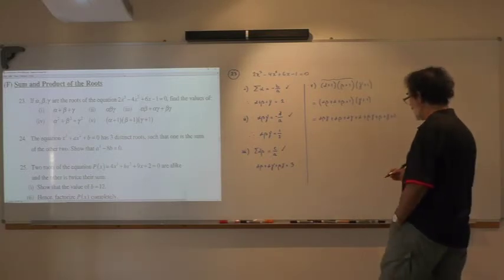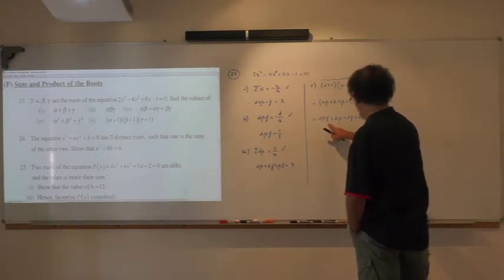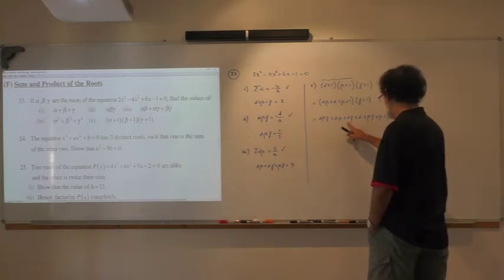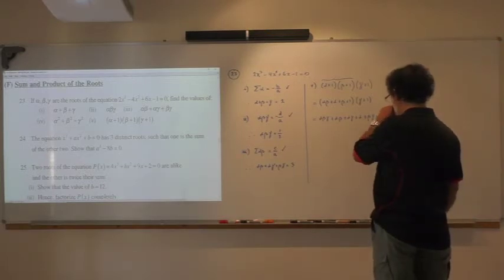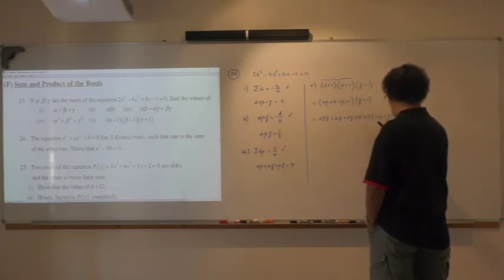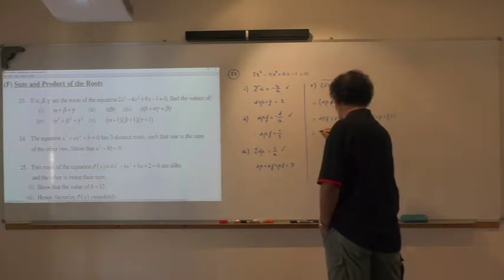But now I want to look at this. So in here we have the multiplication: alpha beta gamma. And then let me see, we have alpha, beta, and gamma is there. So you're going to group them. So we have alpha beta gamma.